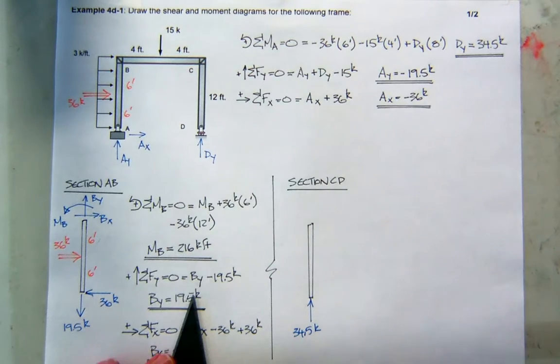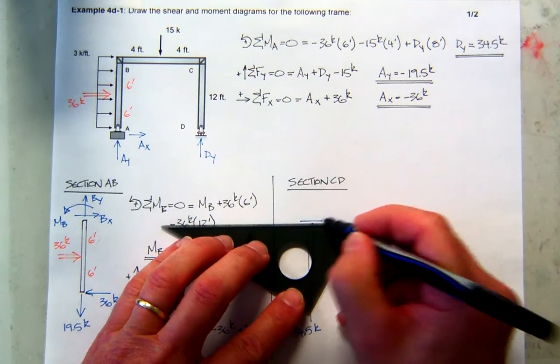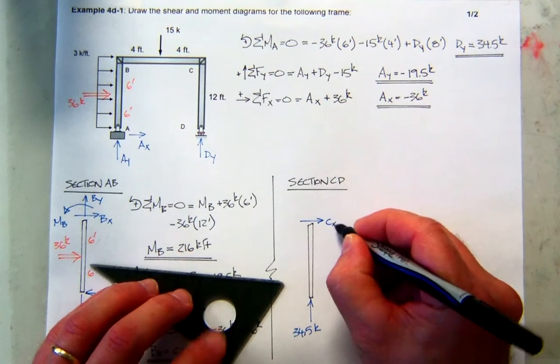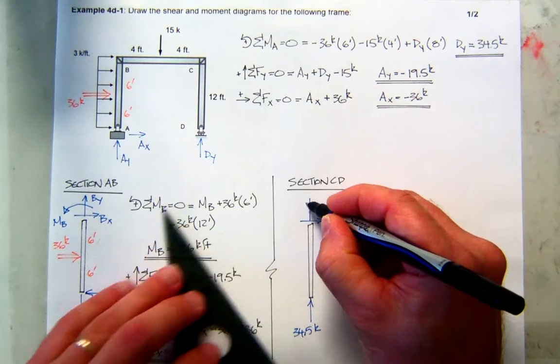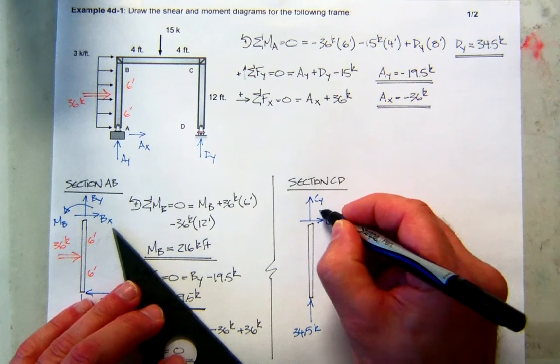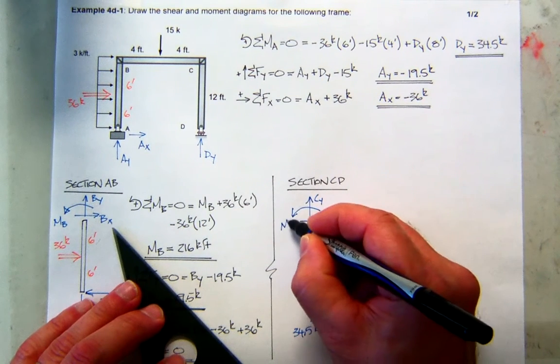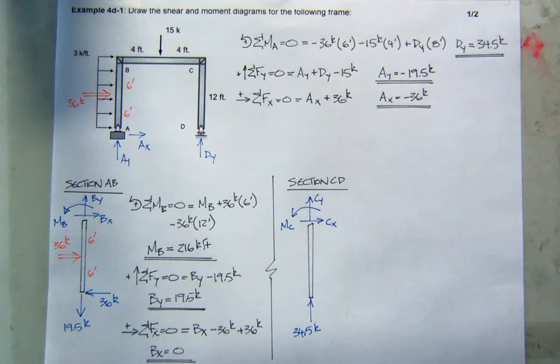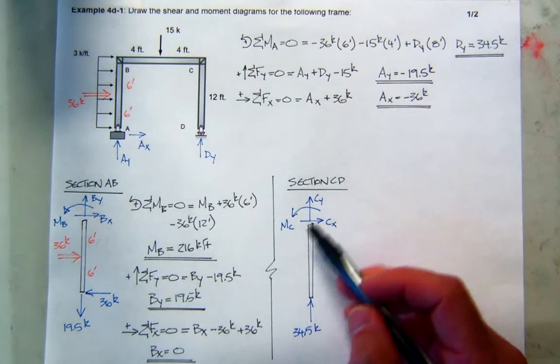There's no applied load. And then I will assume CX, CY, and moment at C. And I'm going to now find those values.